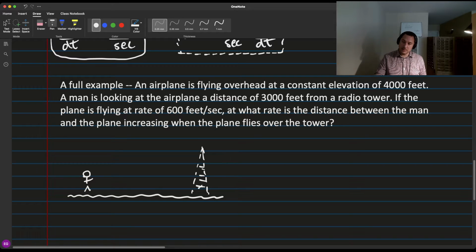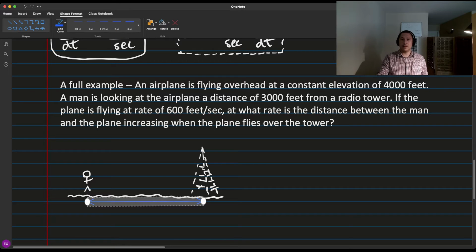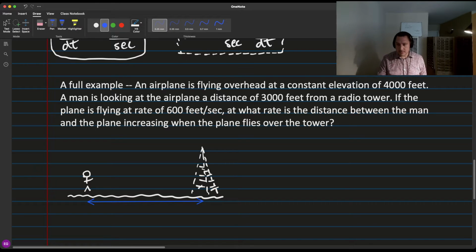Hopefully you can see the weird little tower that I'm drawing. Looks like a pyramid sort of. So there's the man, there's the tower. And how far is the man from the tower? It's 3,000 feet, so I'm going to draw this little line.